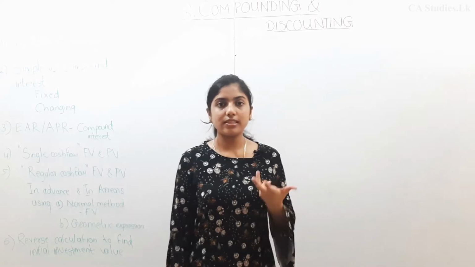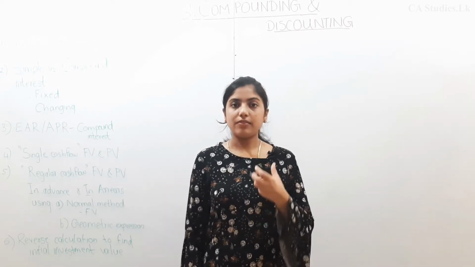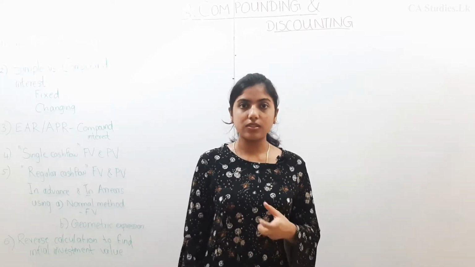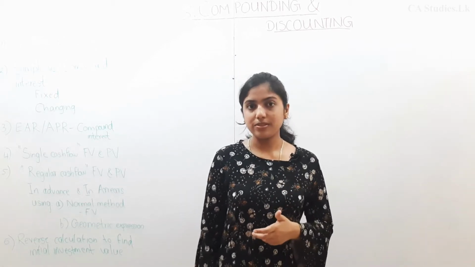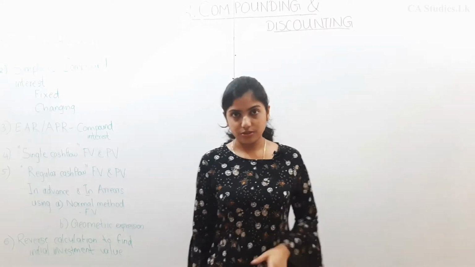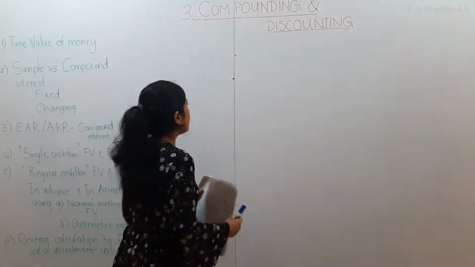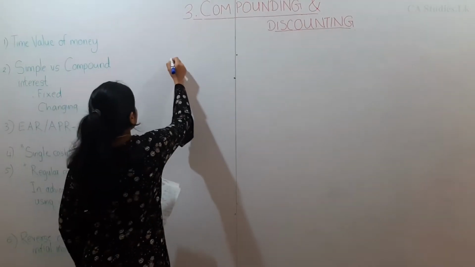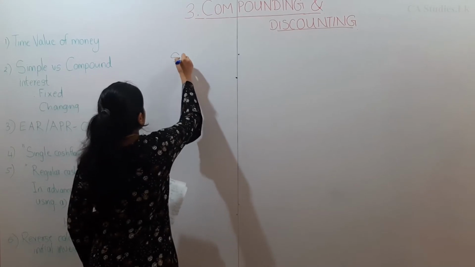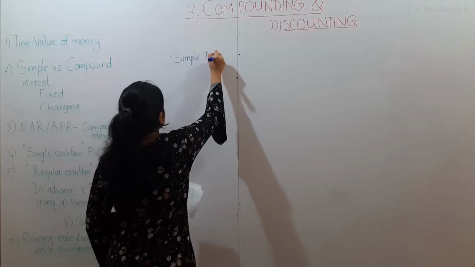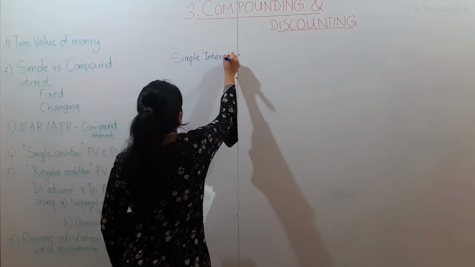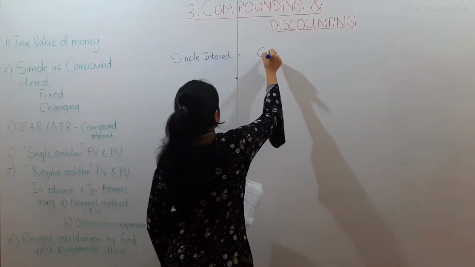So let's look at it in a tabular method, and we have a formula also to calculate the interest using future values. Let's go through right now, okay? So you have simple interest in this way, compound interest.